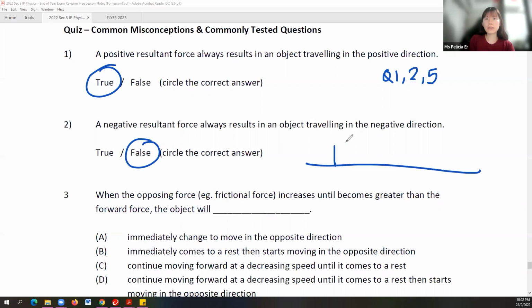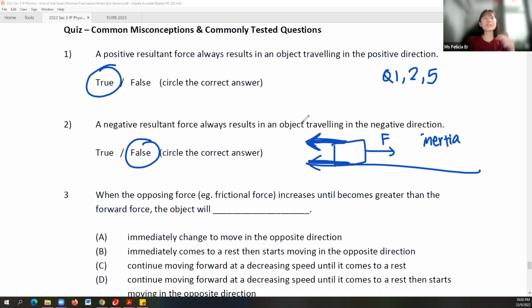Imagine I have a box moving forward first. Then suddenly my friction plus maybe my air resistance blows super hard. The object that is moving forward, due to inertia, will take time to slow down, then U-turn.